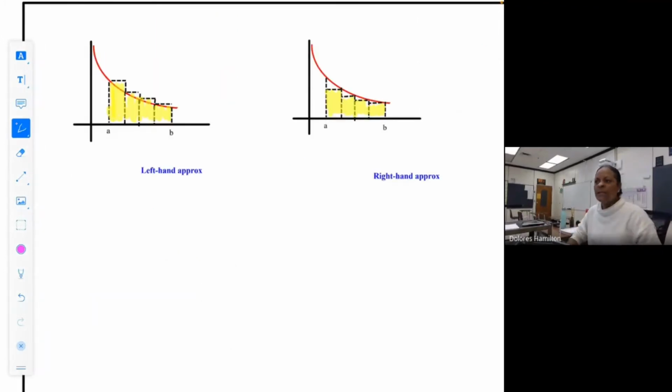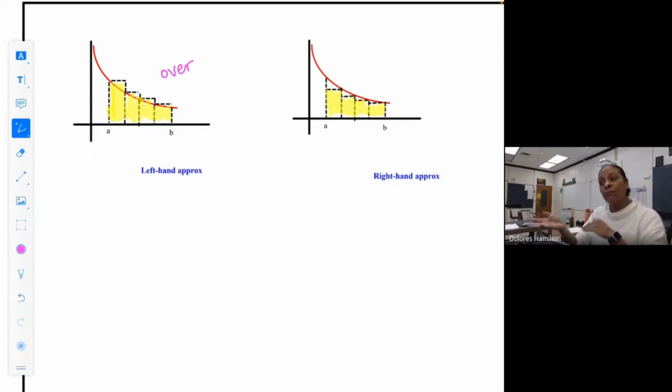Before we do a specific example, I want us to just look at this particular graph, f of x. And we'll notice that in this situation, if we look at our left-hand approximation, that looks to be an over approximation because when we take the areas of all of those rectangles, it's actually more than the area under that curve.